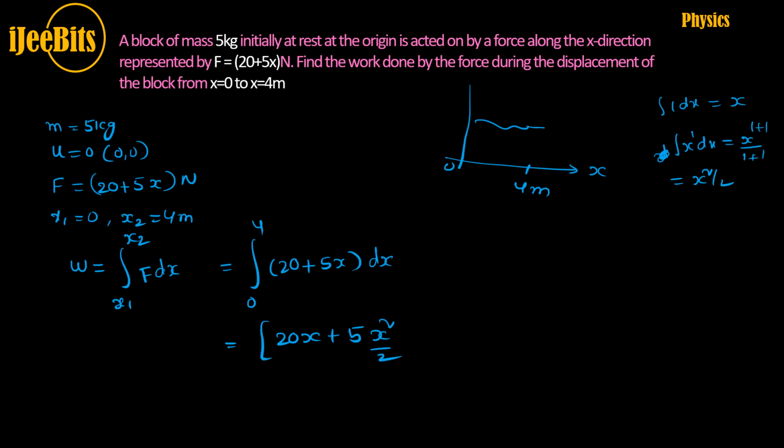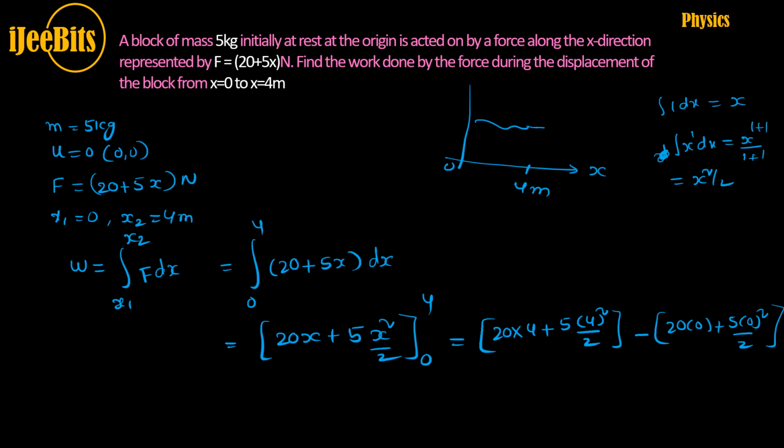Now you give your limits, 0 to 4. Final value 4, initial value 0. So 20 into 4 plus 5 into 4 square divided by 2 is the final value, minus the initial value, 20 into 0 plus 5 into 0 square by 2.